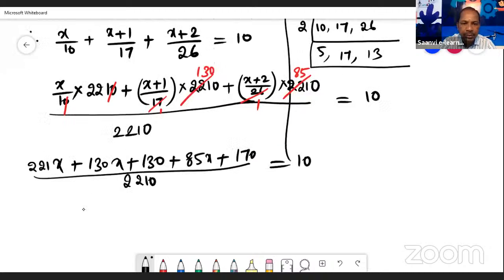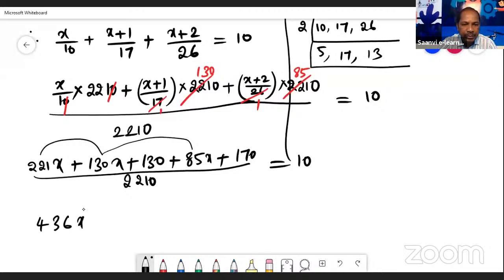Now calculate all the x terms. Here 221x plus 130x is 351x. 351x plus 85x. 221x plus 130x plus 85x, total how much is it? 436x.